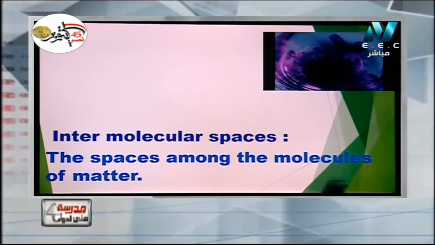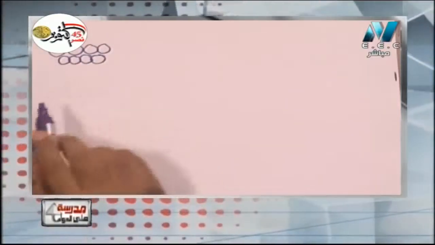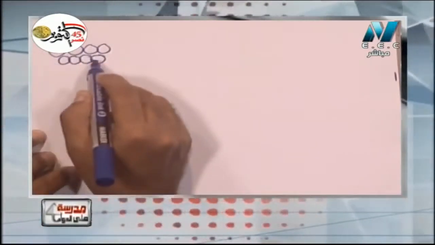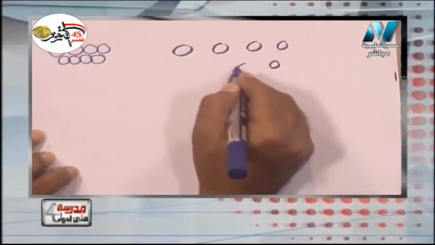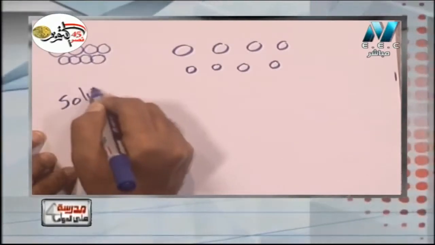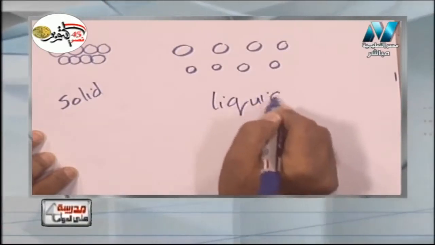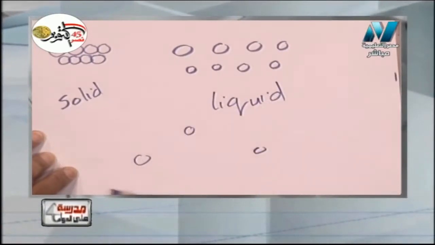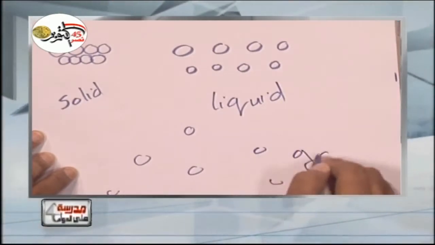As you see here, my dear students, each state of matter consists of molecules. These are molecules of matter, and these are molecules of another state of the same matter. This is solid, but these are molecules of liquid. And for gas, they are separated, they are far away from each other.